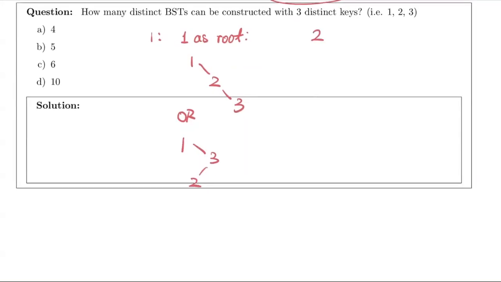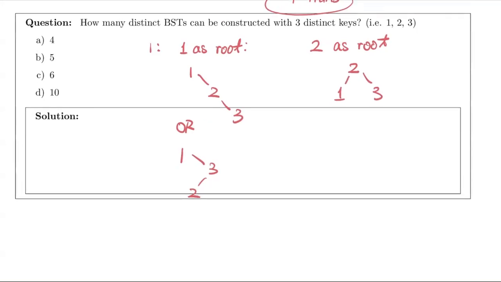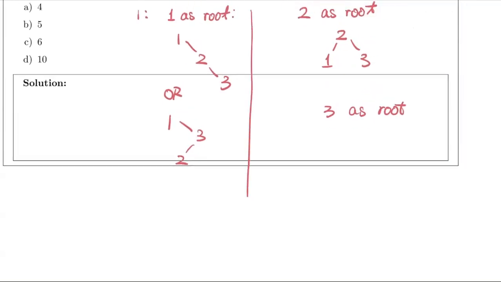If we choose 2 as root, there's only one possible configuration, because 1 is less than 2 and 3 is larger than 2. There is only one possible way to do it. If we set 3 as root, it's basically the mirror version of 1 as root, because 2 and 1 are both smaller than 3.